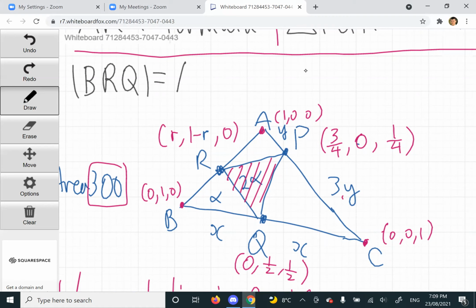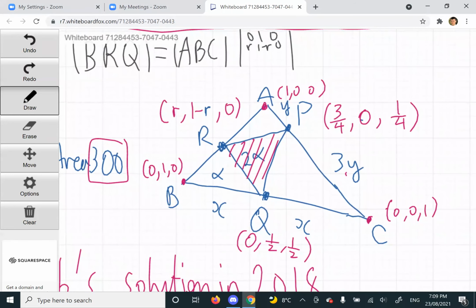We can put that in as 300 later or now, times 0, 1, 0. And Q is 0, half, half.